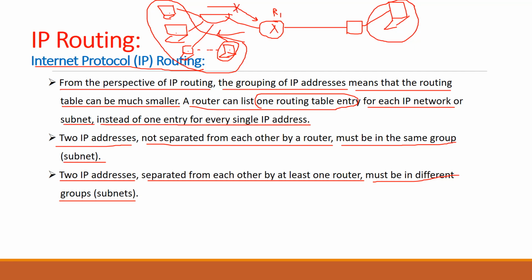It will think the destination is in the same group, but it is not, so it will never reach this PC. Even if the router received this frame, it would have duplicate entries, and this router will not allow you to give two interfaces the same IP address. This is from the basics.